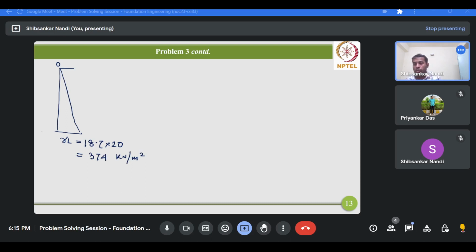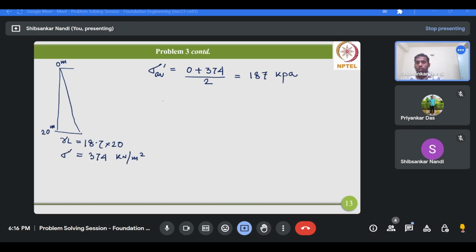Okay, so this is 20 meter and this is 0. Therefore this sigma average will be 0 plus 374 by 2, that is 187 kPa, and it is the effective vertical stress at the pile tip.